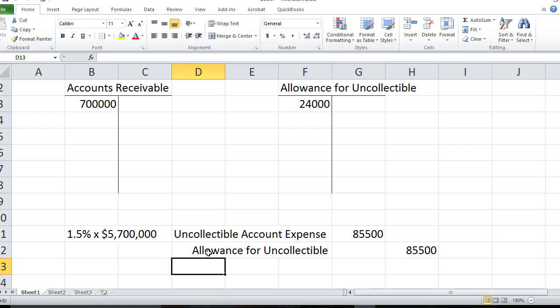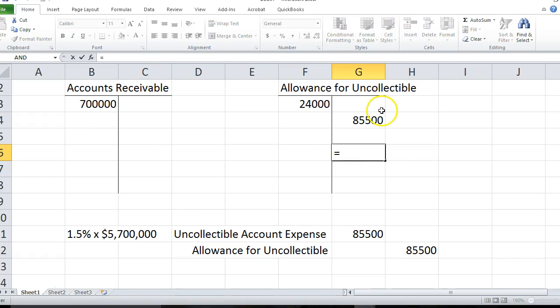If we put this $85,500 as a credit up here, what is our new balance in our uncollectibles here? Won't we take credits minus our debit? Wouldn't our new balance that way be $61,500?